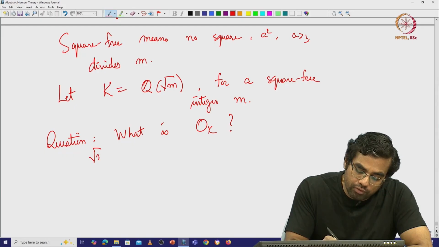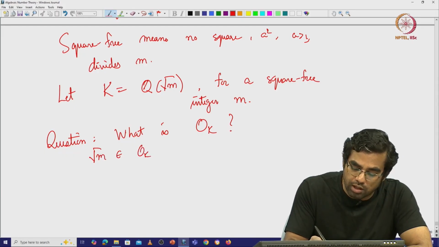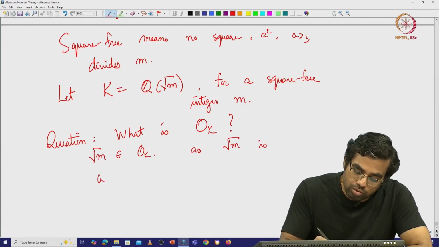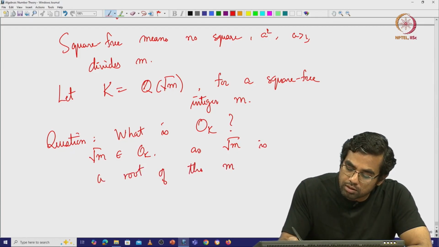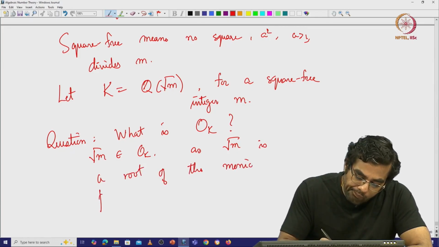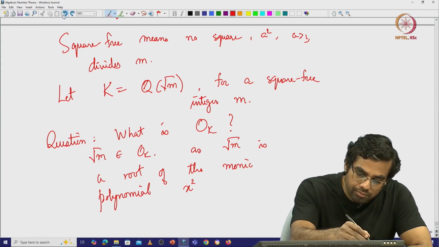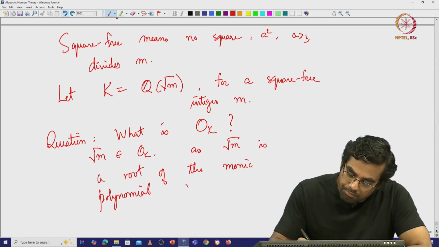So square root of m belongs to O_K, as square root of m is a root of the monic polynomial x square minus m equal to 0.